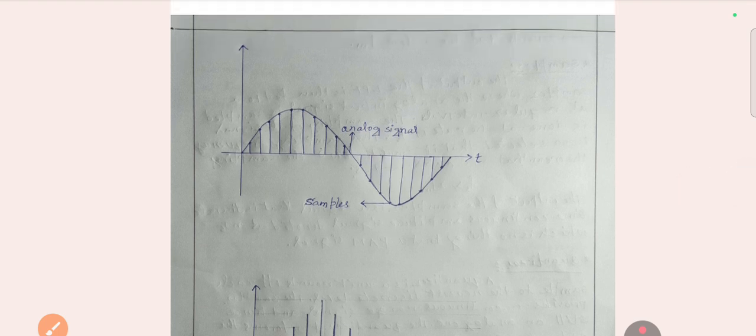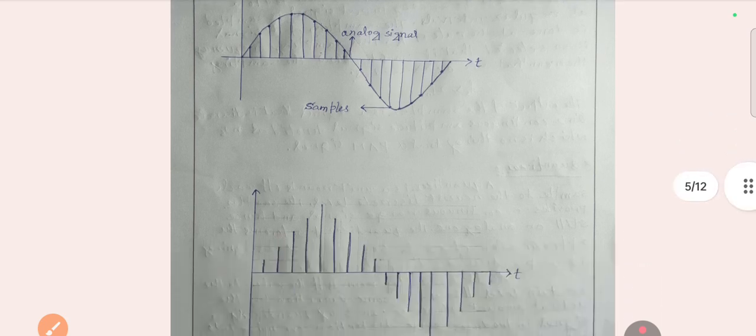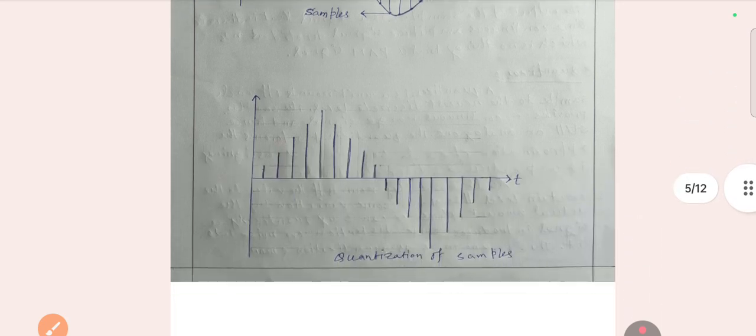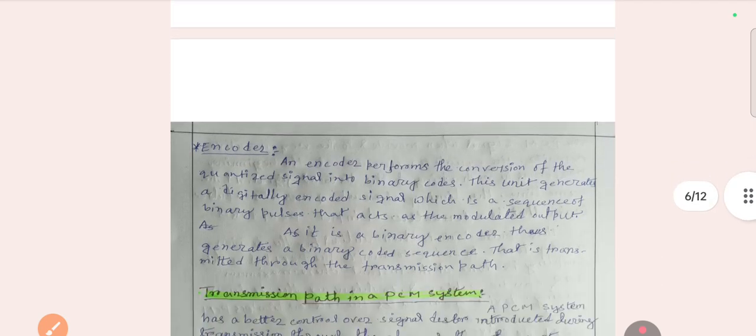Here, samples of the analog signal, then quantization of samples for discrete time. Encoder: the encoder performs the conversion of the quantized signal into binary code.